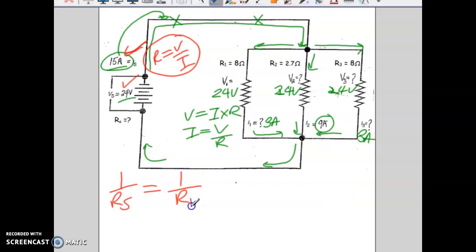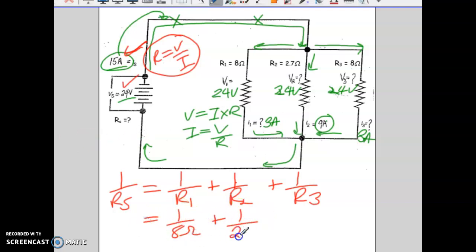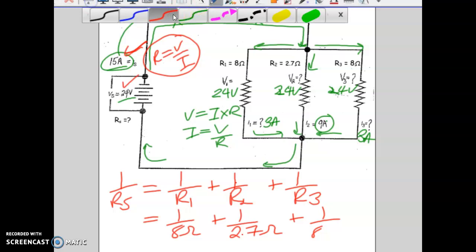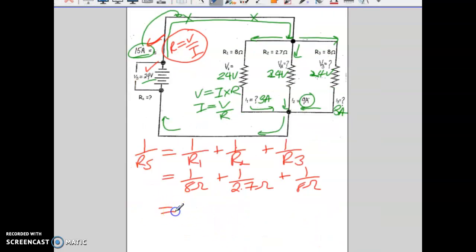So we have 1 over R1 plus 1 over R2 plus 1 over R3, because there's 3 in this case. So this is going to be 1 over 8 ohms plus 1 over 2.7 ohms plus 1 over 8 ohms. Okay, so we're going to divide this out. 1 divided by 8 is 0.125, plus 1 divided by 2.7, which is 0.37, plus the same answer, 0.125.